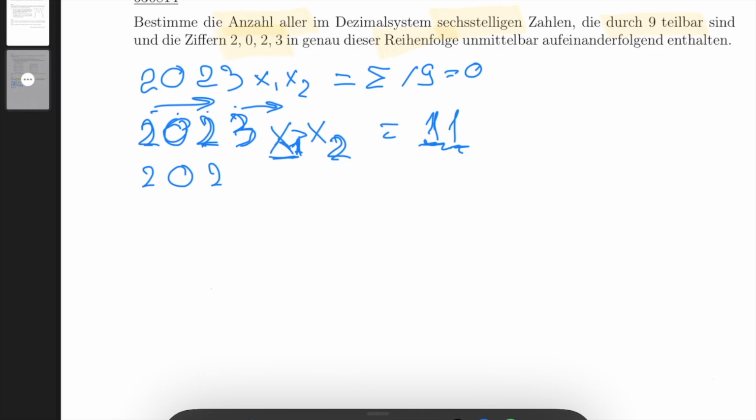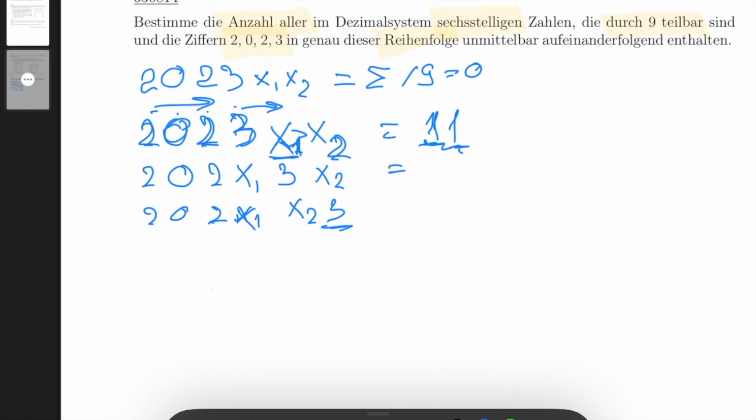So let's move 3 to the right and x1 to the left. And then we can have another one with x1, x2, 3. So 3 reached the end and there are no more combinations for this state.